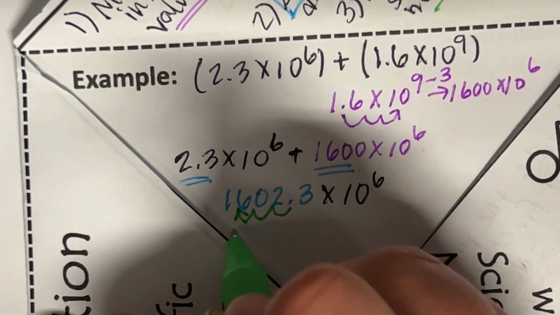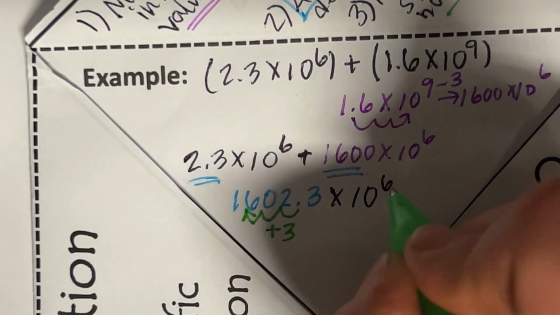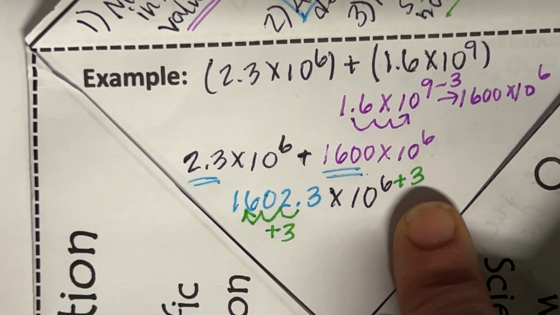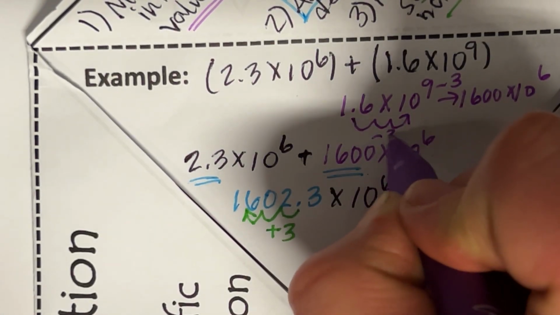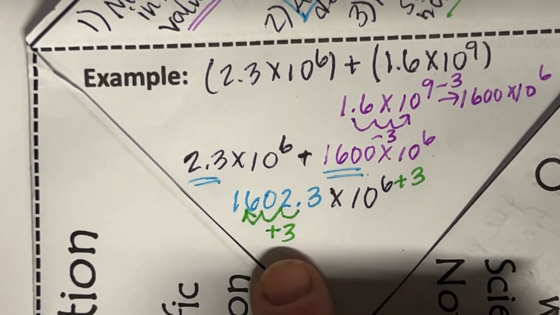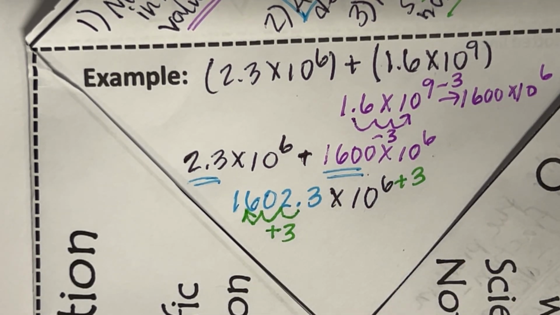So if I'm going back to the left, I have shifted that place value 3 in the positive direction. So I'm going to change my exponent by 3 in the positive direction. Isn't this really obvious up here? I shifted it backwards 3 before, and I subtracted 3. This time I increased it by 3, so I'm adding 3.